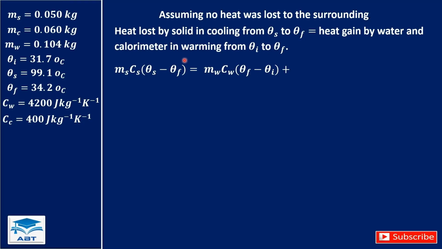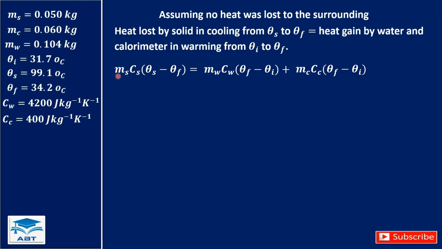And the heat gained by the calorimeter is also given by the mass of calorimeter times specific heat capacity of calorimeter times the final temperature of water minus the initial temperature of the water.